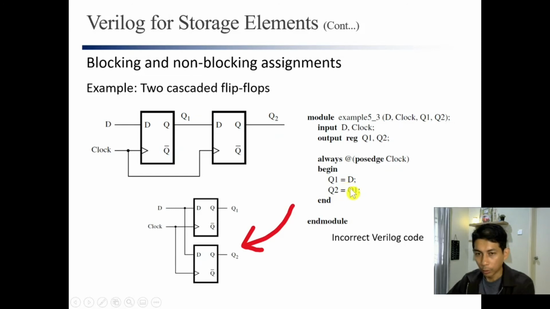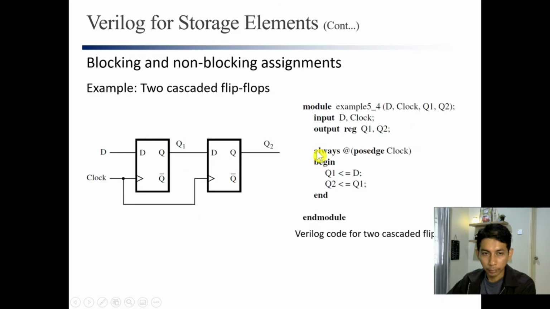So to overcome this problem, we use what we call non-blocking assignment. Instead of using the equal sign, we now use less than and equal. Actually, this is not less than or equal; in Verilog, this is the non-blocking assignment symbol.